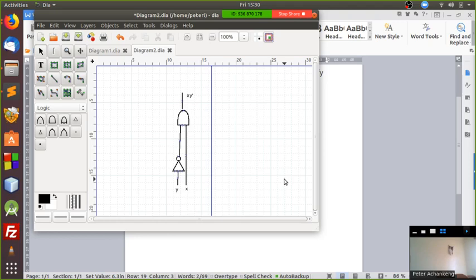So please know the difference between AND and OR. This one is straight here, this one is curved there, and the slope of this one is more gentle than the other one.